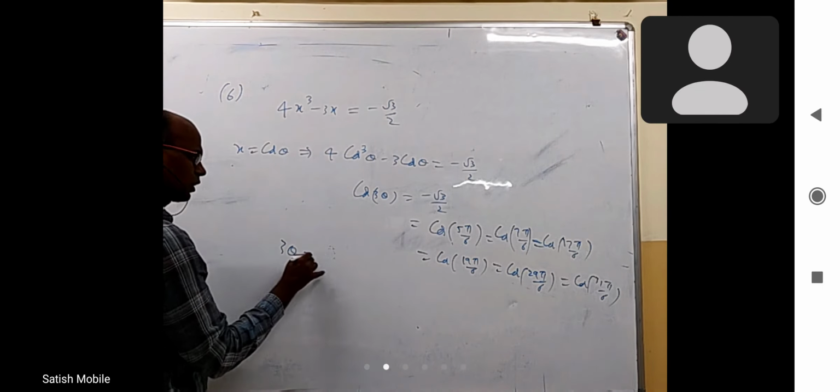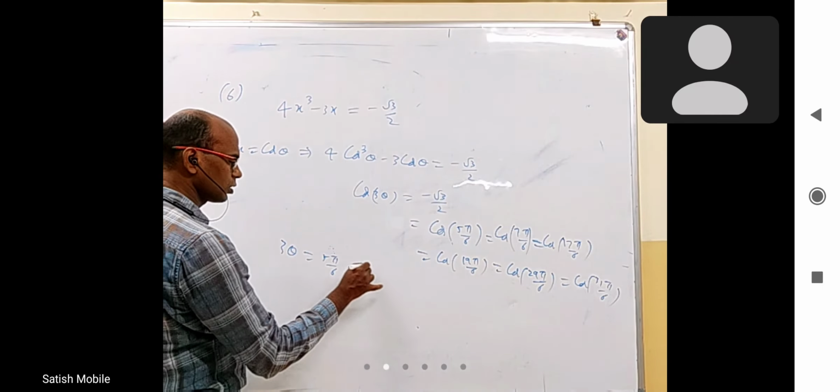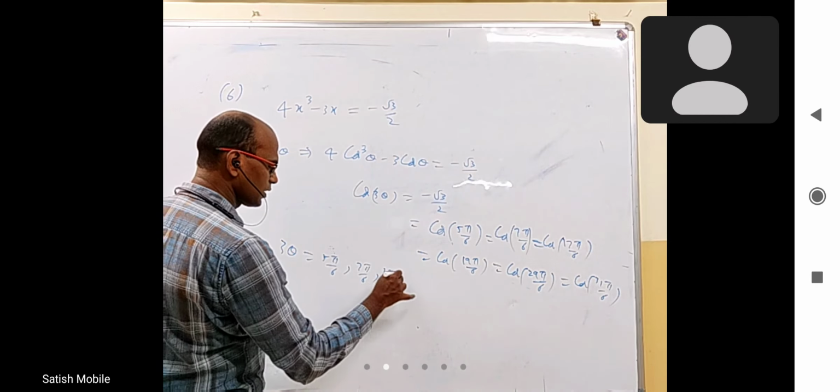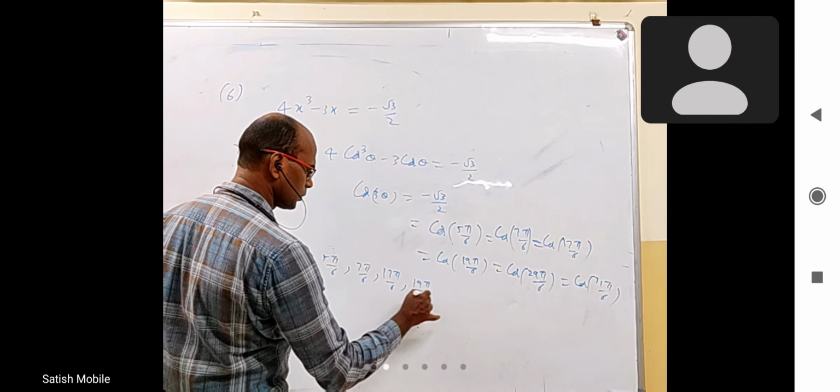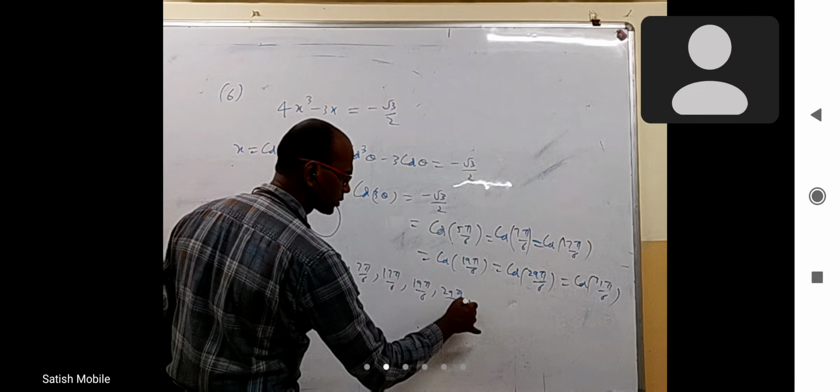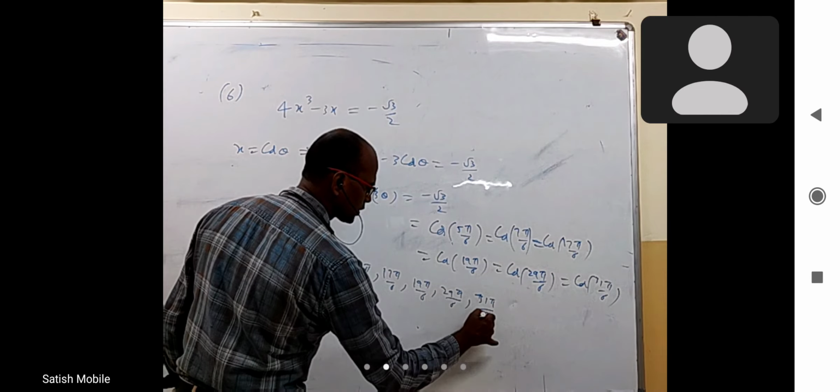So 3 theta you can write as 5 pi by 6, or 7 pi by 6, or 17 pi by 6, or 19 pi by 6, or 29 pi by 6, or 31 pi by 6, and so on.